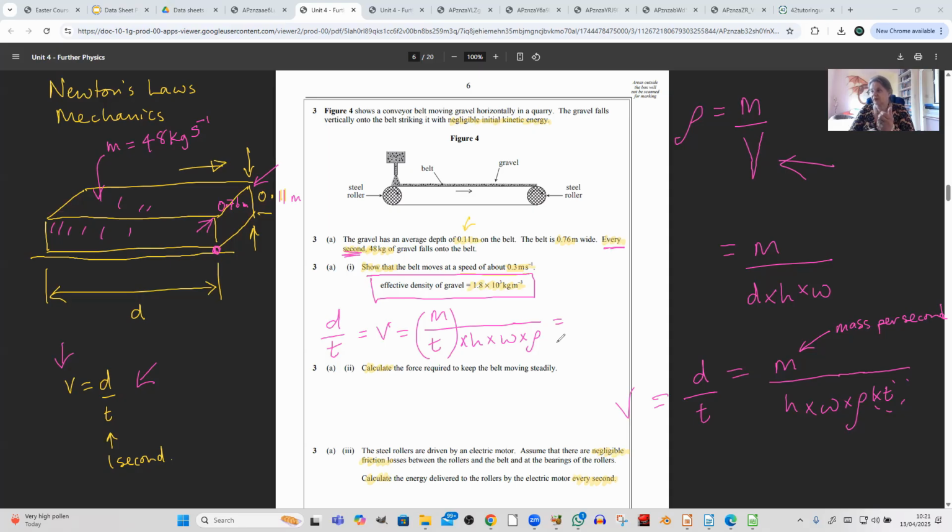How did you know that you could model it as a cuboid? So how did I know? Well, experience, but plus they told me, because they gave me the depth, they gave me the width. Why would they give me those things if they didn't want me to use them?